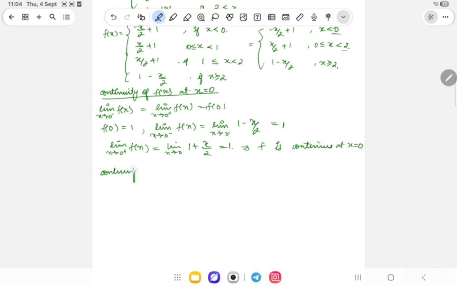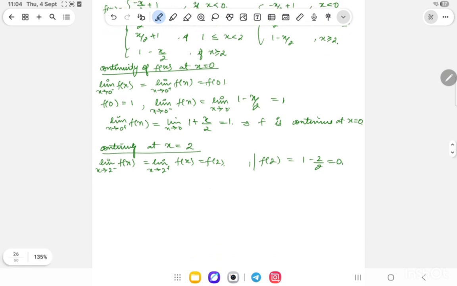Continuity at x equals 2. So we are supposed to check if this condition holds or not for x equals 2. So first let us check what f(2) will be. My f(2) is basically 1 minus 2 by 2, that is 0.